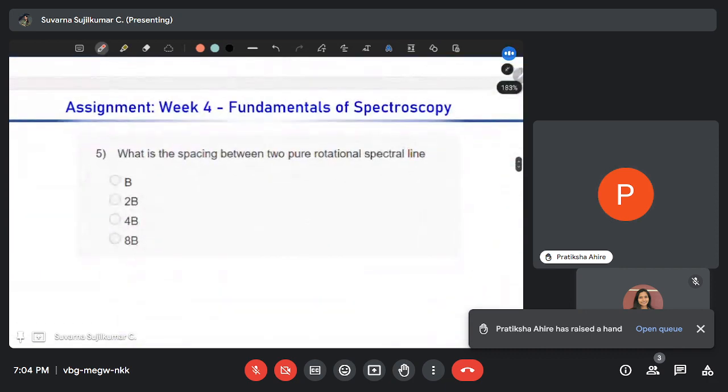The next question: what is the spacing between two pure rotational spectral lines? B, 2B, 4B, 8B.